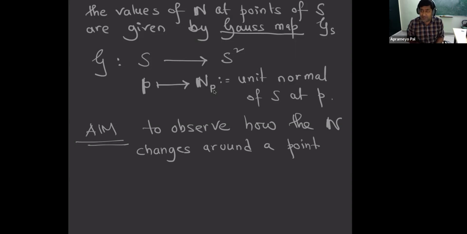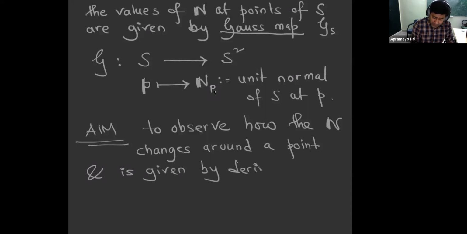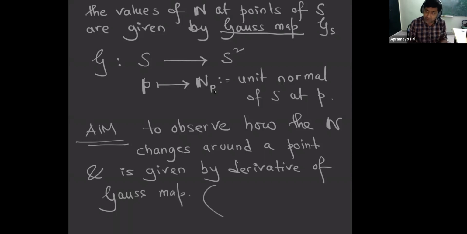By considering its derivative, right? And that's exactly what we would consider, and it will be given by the derivative of the Gauss map. And actually this map, which I am going to define again in the next page itself, is called the Weingarten map.